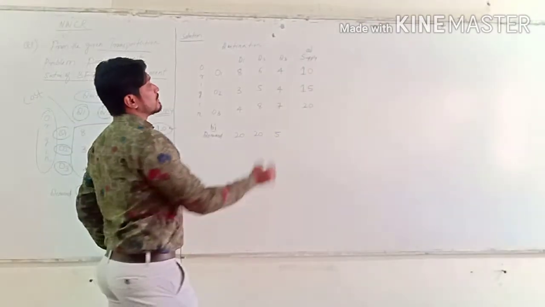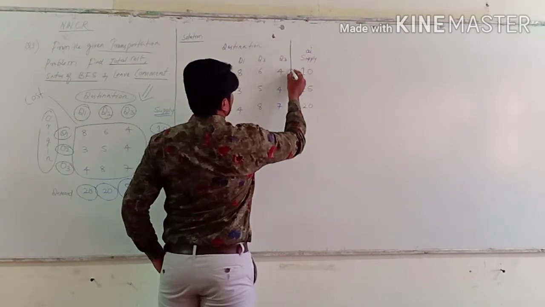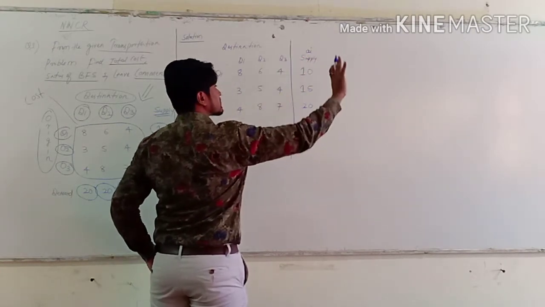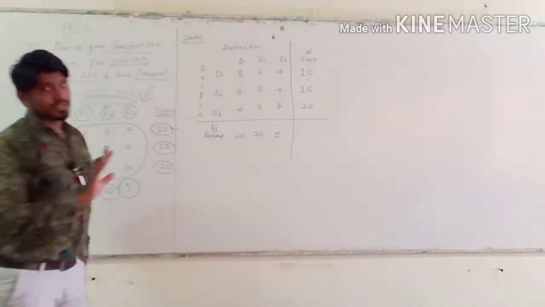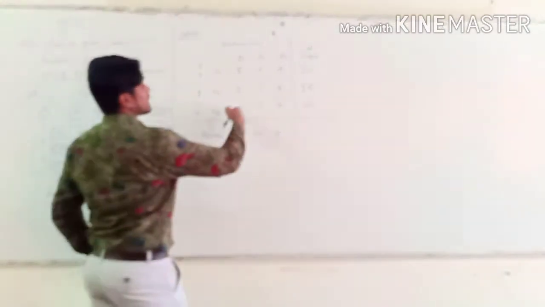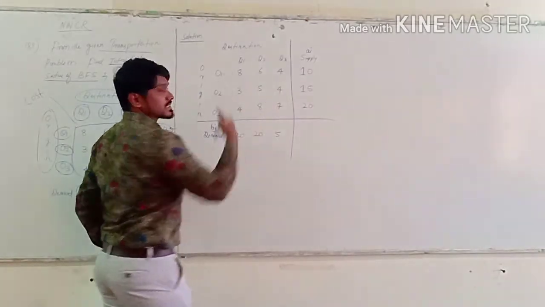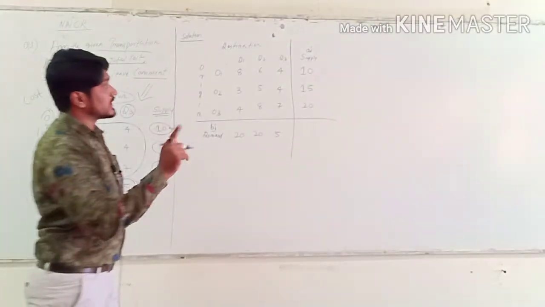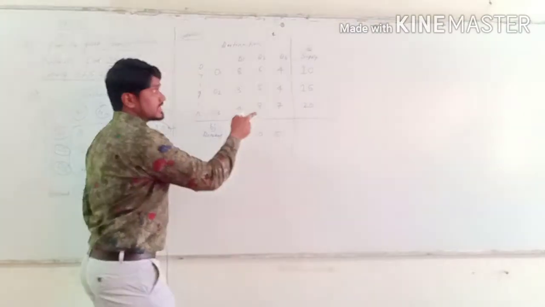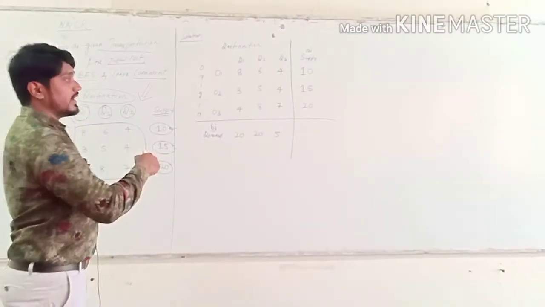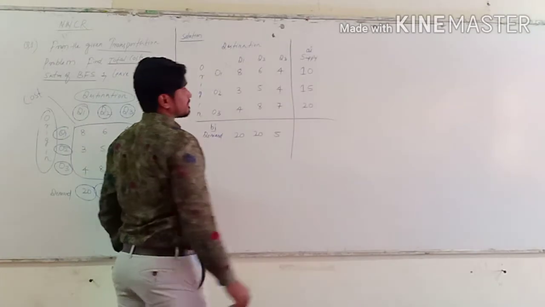Then you separate this: supply got separated, demand got separated, and this is nothing but your matrix. Now the third step. First step, allocation of AI and BJ. Second, separation of supply and demand, and the third one is balancing.